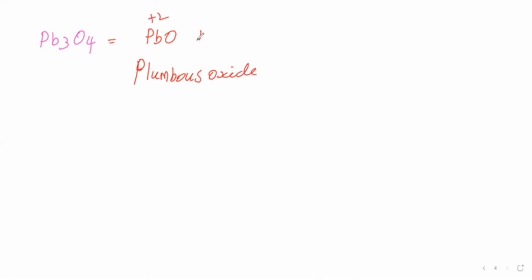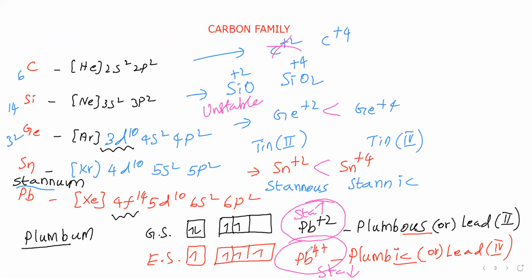Because Pb is +2. And PbO2 is called plumbic oxide, plumbic because +4. See, +4 is existing. Naturally Pb3O4 is existing.